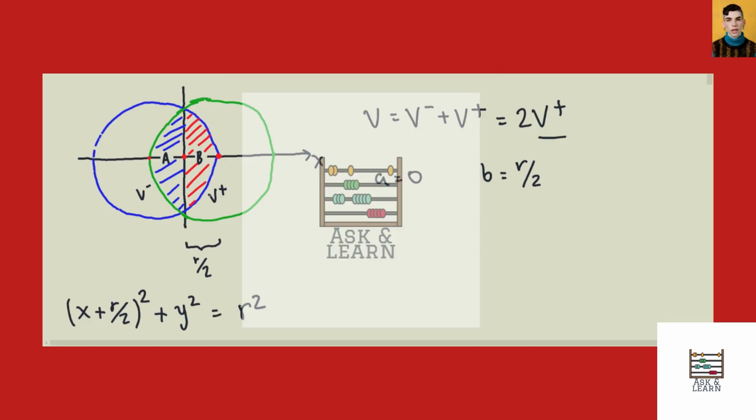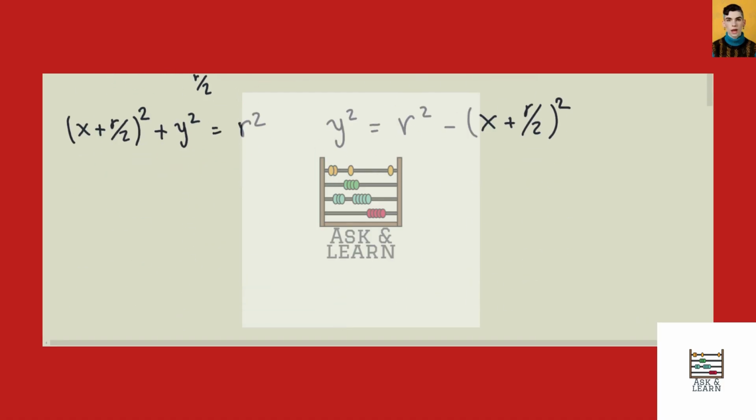From this, we can solve for y. So we are going to obtain y squared is equal to r squared minus x plus r over 2 squared.